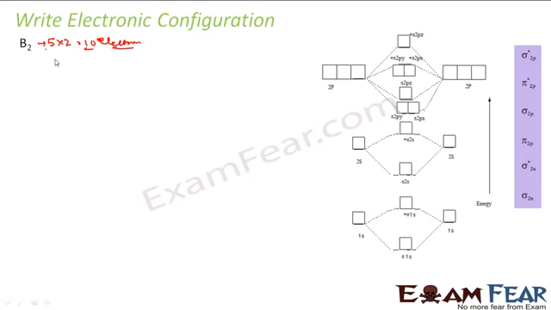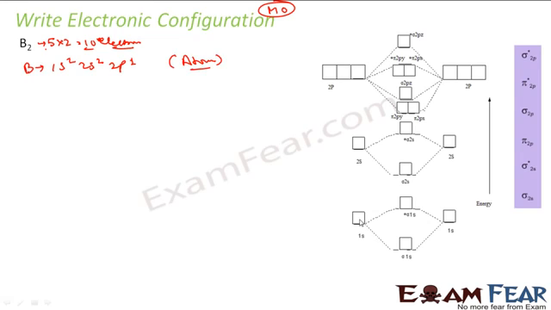According to molecular orbital theory, we try to fill the electrons in the molecular orbitals. If you write the electronic configuration of boron, it is 1s2, 2s2, and then 2p1. This is the electronic configuration of the boron atom, not of the molecule.